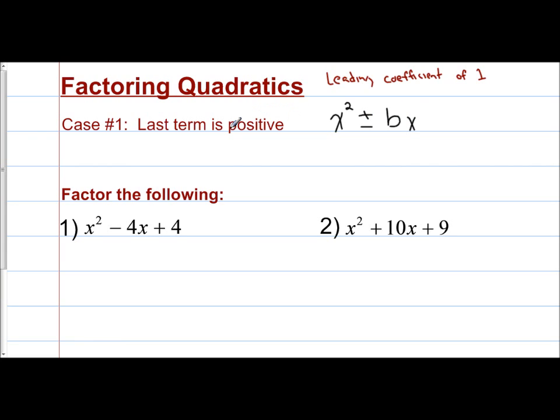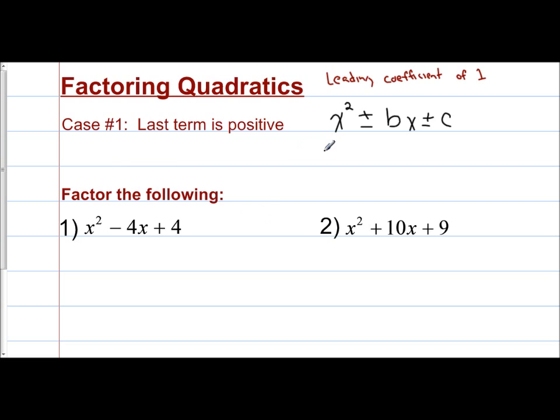And this scenario we're going to look at is when the last term is positive. So we're going to do a plus c. Now you could have a minus c as well, and we're going to focus primarily on the positive in these two examples.